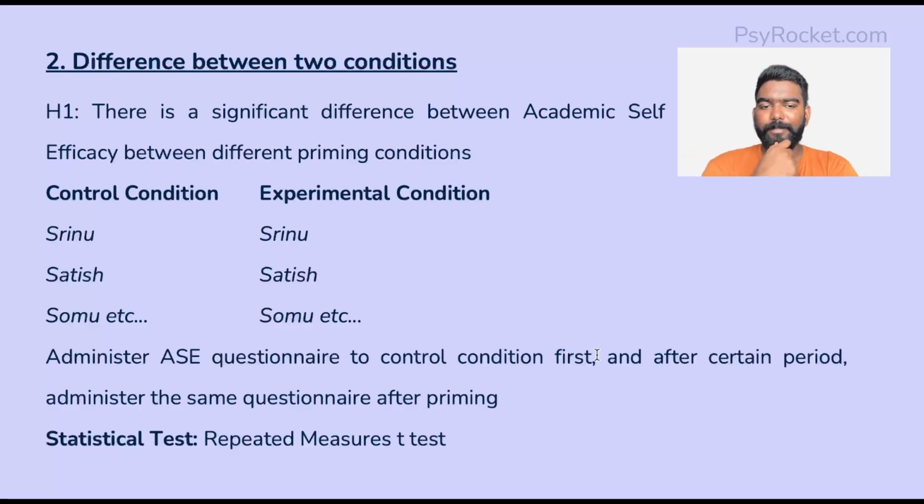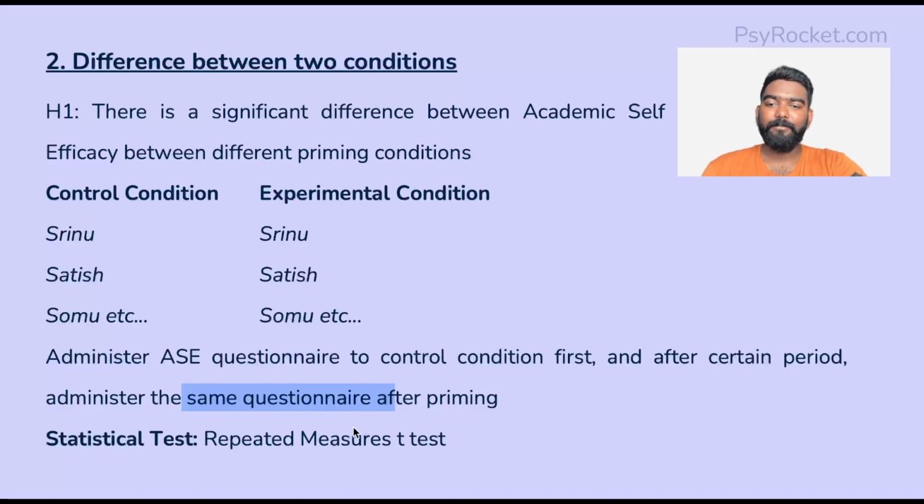You will administer the academic self-efficacy questionnaire, and after a certain period you will administer the same questionnaire but after priming. Okay. After 1 week or 14 days or so, you will tell them there is another study which is a caste based study, and you will remind them of particular caste based stereotypes, and you want to see whether reminding them will significantly increase or decrease their academic self-efficacy.